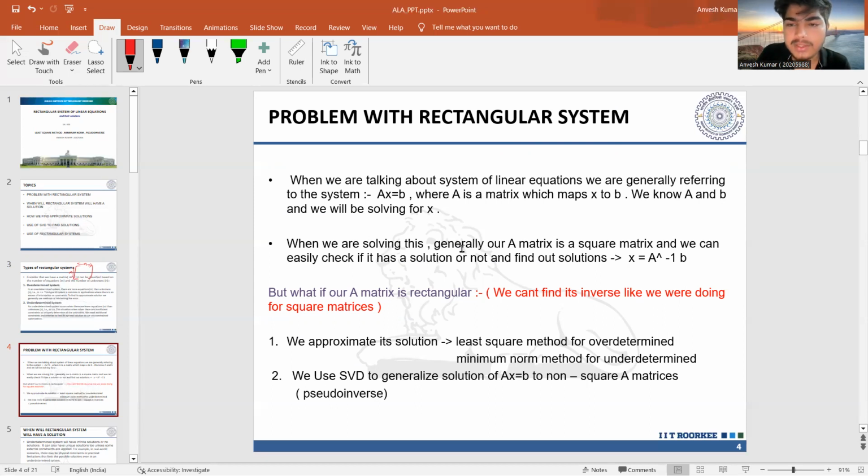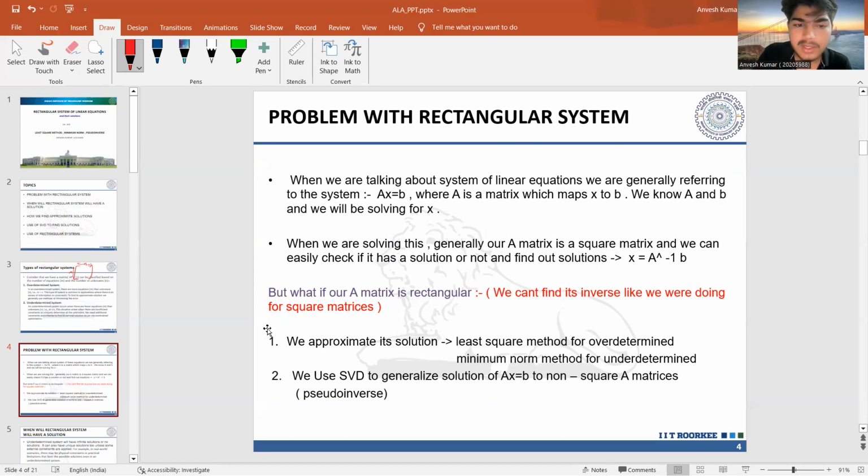When the A matrix is a square matrix, and there will be a solution for x, we can directly find x by using A inverse B, because A inverse will exist for a square matrix. But what if our A matrix is rectangular? We can't find its inverse like we were doing for a square matrix.